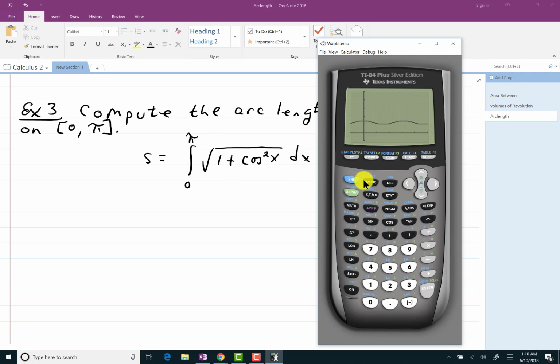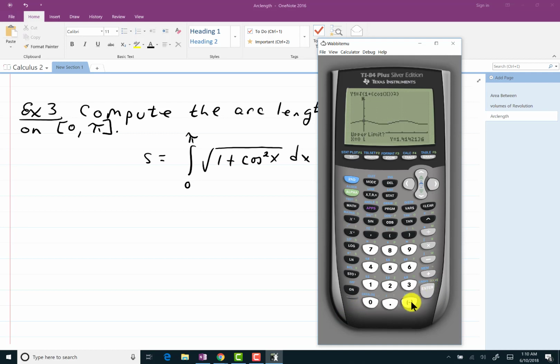So if you remember, hit the second key, the blue button, and click trace, and you're brought up to the calculus menu. So click number 7, for the integral, and the first thing it wants is a lower limit. You can type in 0 and hit enter, and then it will ask you for the upper limit. In this case, it's pi.